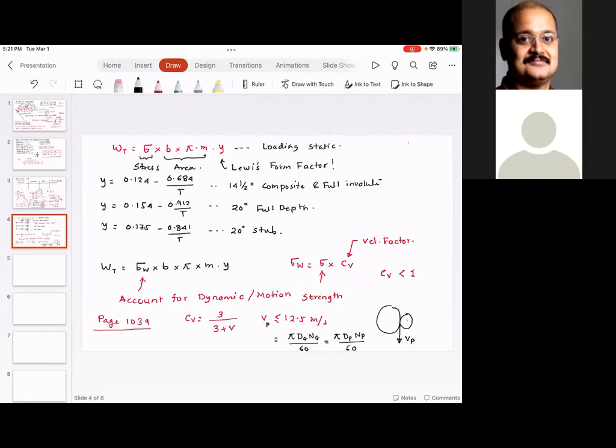Now, at this point, I just want to refer you to this table. This is table 28.4, so please look at table 28.4. This table gives you allowable static stress values.